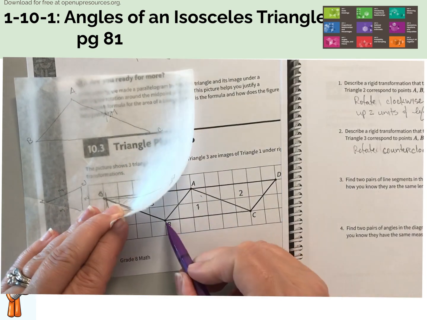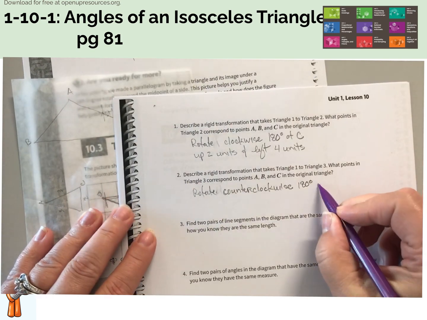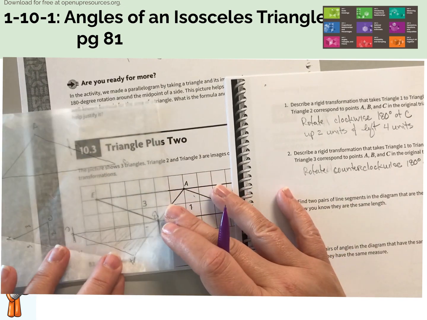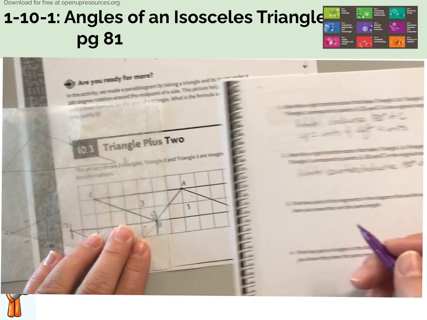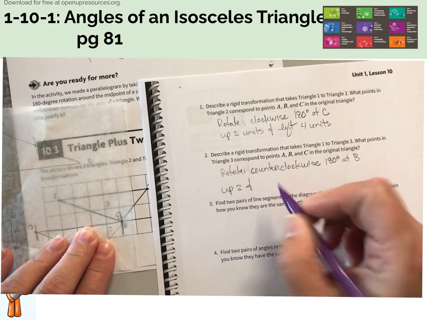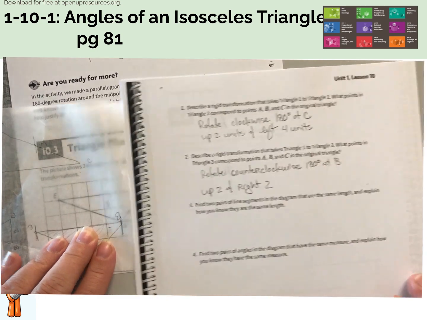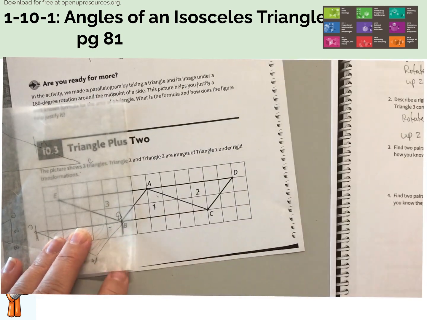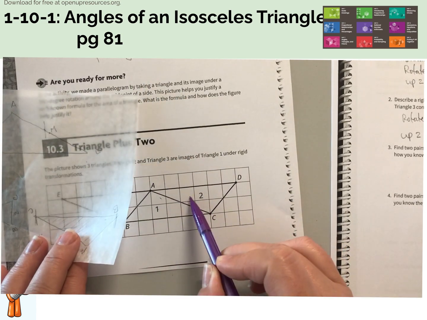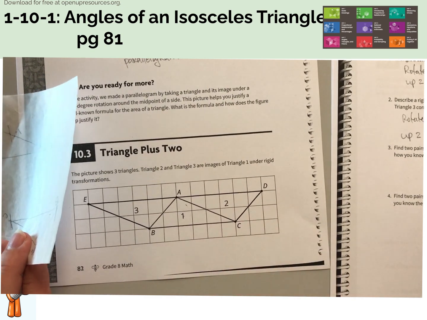Oh, I put it at B. Okay, at B. And then that kind of brought me here. And then I went up 2 and right 2. Okay, so doing all this, did this triangle change from the original? No, we're still doing a rigid transformation where it keeps it the same.